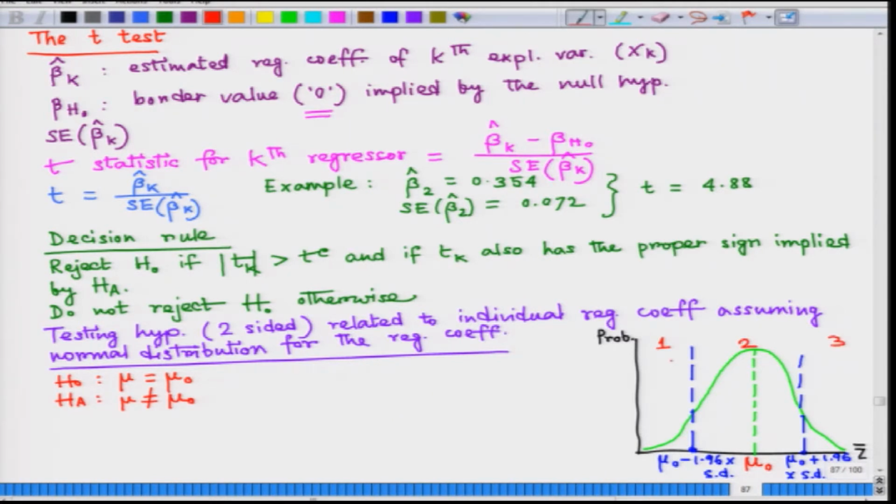My regions 1 and 3 are known as rejection regions, and my region number 2 is known as my acceptance region.